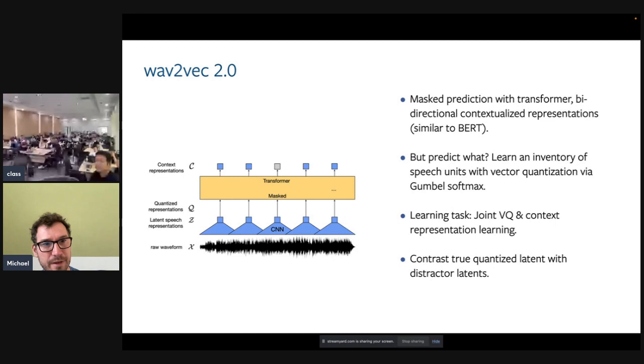And in order to learn something from this data, we mask some of these latent speech representations. So what does that mean? Before we feed these blue squares into the transformer, we simply remove some of them. They're just gone.